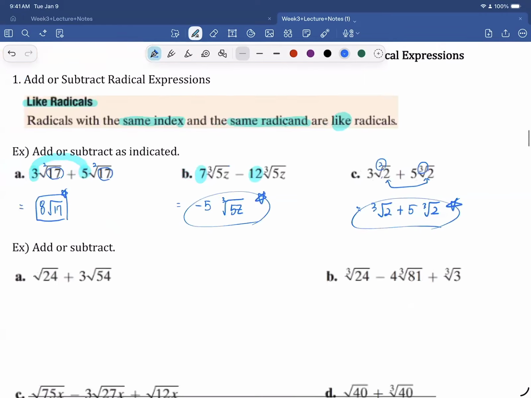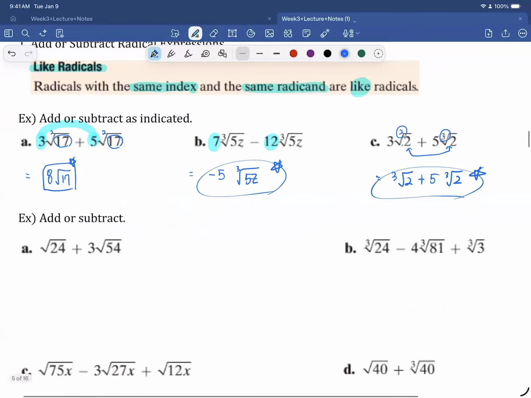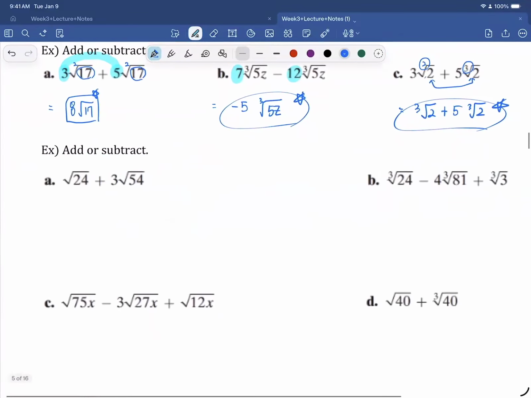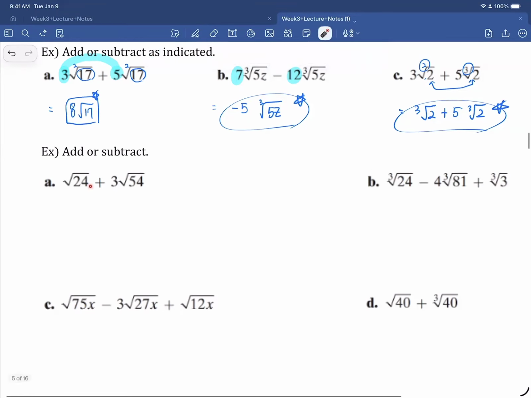Any other questions? Then what about this one? Square root of 24 plus 3 square root of 54. I know the index is the same, but the radicands are 24 and 54. But yesterday we learned how to simplify the square root of 24.